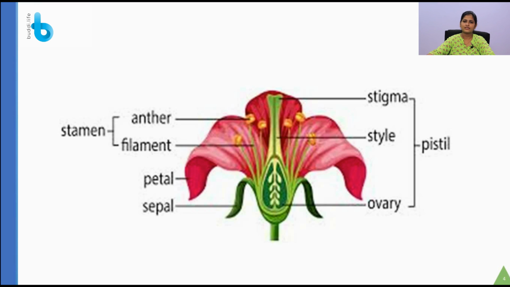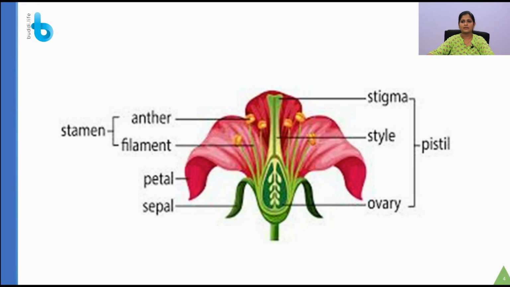So we can go for a short recall from your younger classes. What have you learnt about flowers? The flower contains 4 major parts: petal, sepal, stamen and pistil, right? The sepals are called calyx and the petals are called corolla.